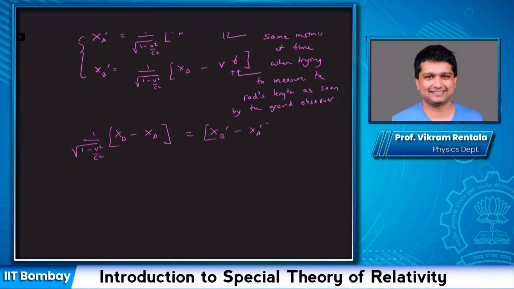Or in other words, we could say that the length as measured by the ground observer, who is moving with respect to the rod, would be equal to the length of the rod in its rest frame, that is in the train, multiplied or divided by gamma. Okay, where this quantity 1 over the square root of 1 minus v squared by c squared is gamma.